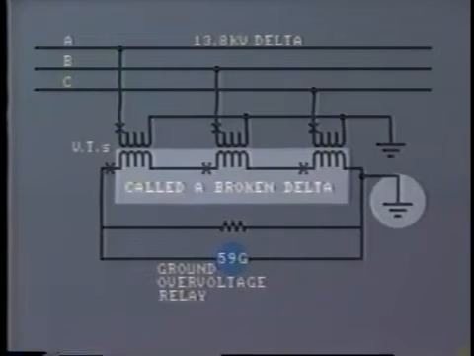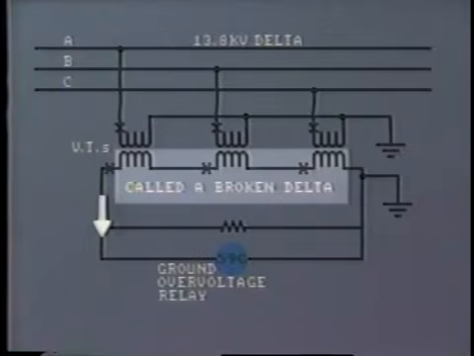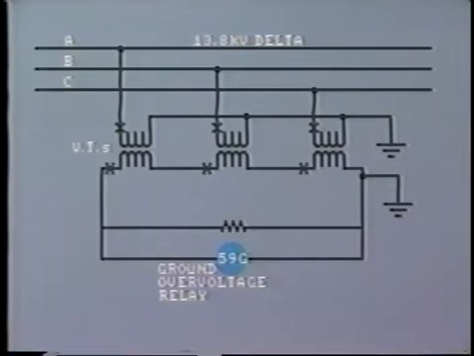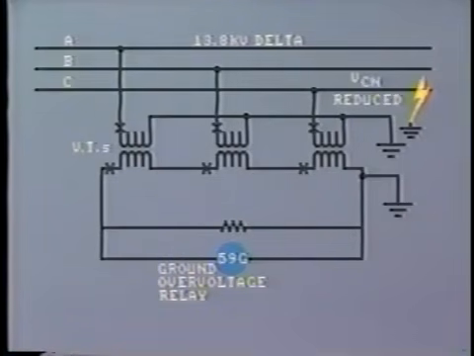One side is grounded like this, and the other feeds a ground over voltage relay. If no fault exists, there is negligible voltage across the relay because the balanced voltages produced in the secondaries cancel each other out. Now, in the case of a ground fault on one of the lines, the voltage to ground on that phase is reduced.